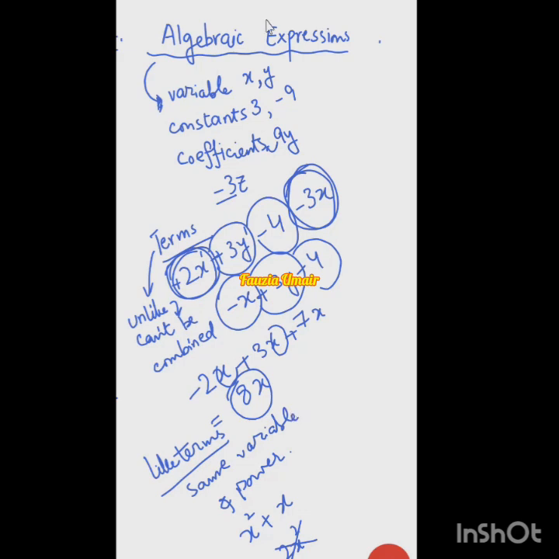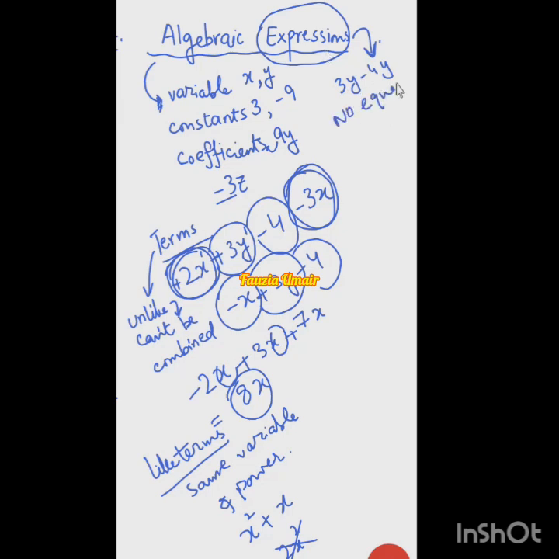Now after that, let's come to this point, expressions. What are expressions? Ma'am, like 3y minus 4y. This is an expression. An expression does not have an equal sign, right?